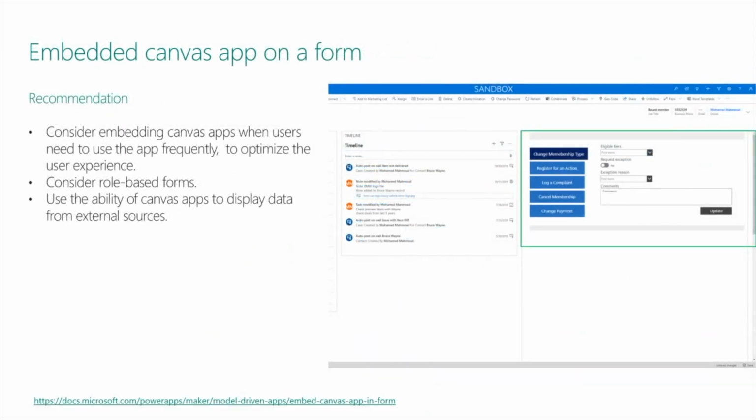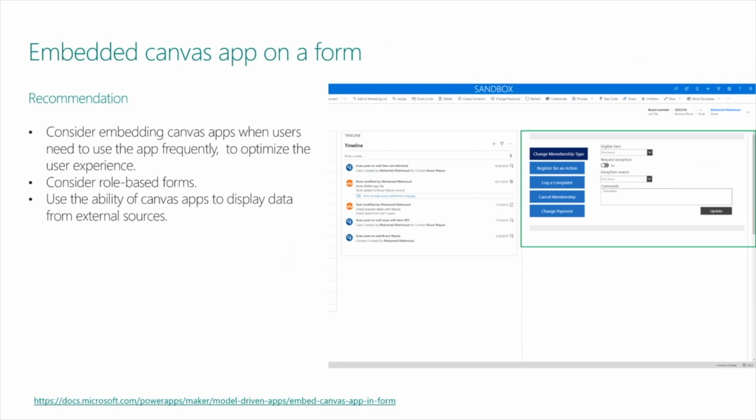But also something to consider is embedded Canvas apps. For example, if the users are going to use this app frequently, you might actually consider embedding the Canvas app on one of your forms. You can use a role-based form to have those embedded Canvas apps available for a specific group of your users.